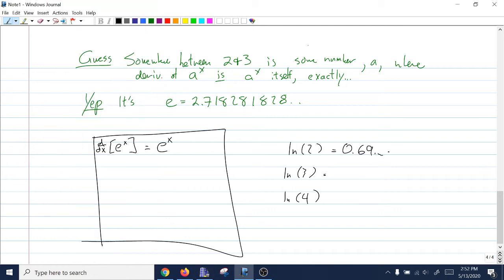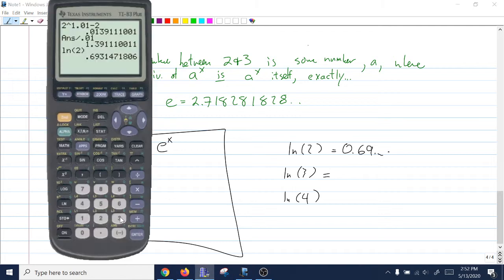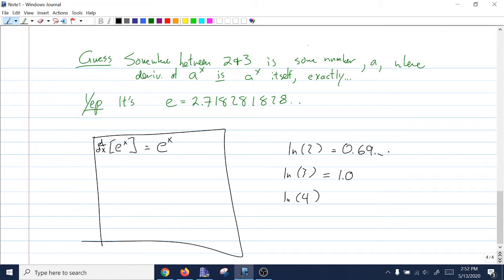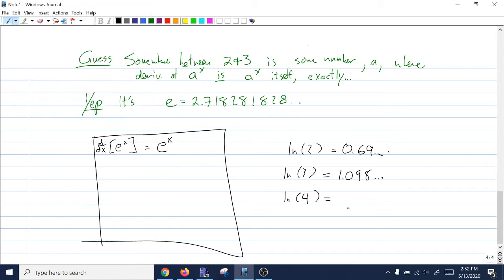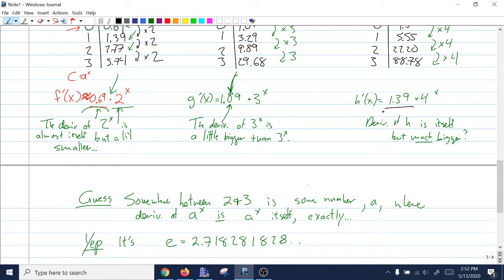That's nice. Natural log of 3 is 1.09. I think that one rounds up, but those are the first digits. The natural log of 4 is 1.38. Hey, these are these numbers.